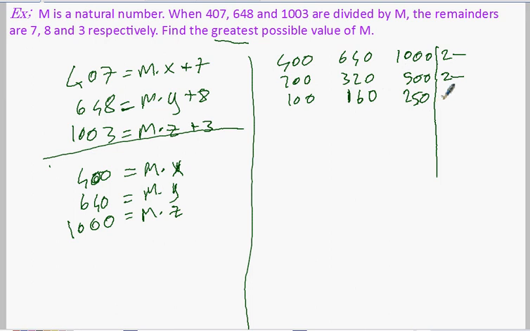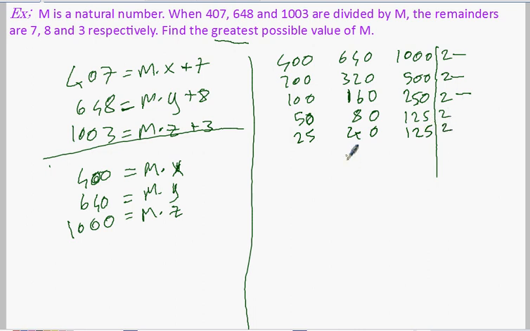So then we changed every number by 2 again: 50, 80 and 125. We changed all the numbers. Then I need to continue by 2 till I can't. So it's going to be 25, 40, 125. It didn't change this one, so I don't put a sign.